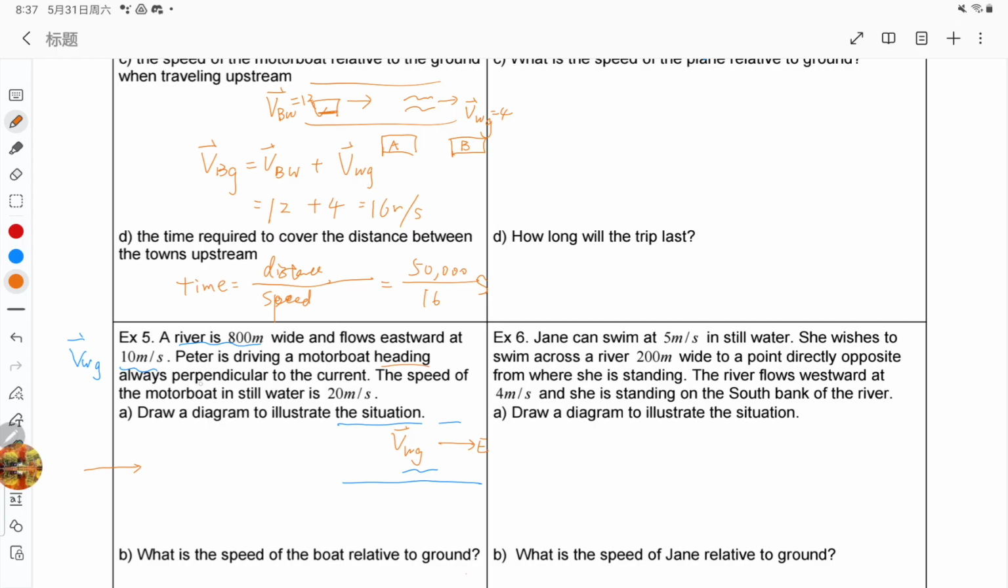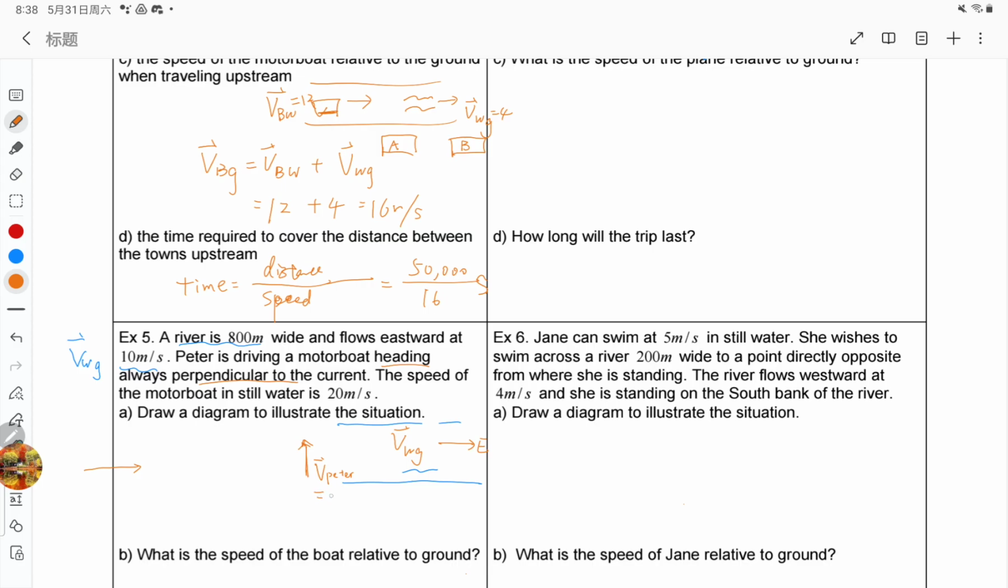Peter is always heading perpendicular to the current, so V Peter is always perpendicular to the current. So we draw Peter's velocity vertical.